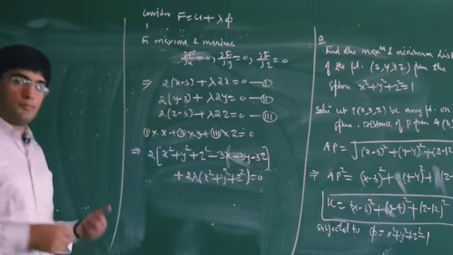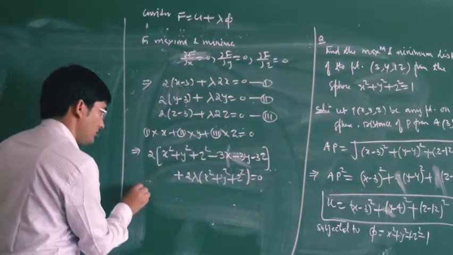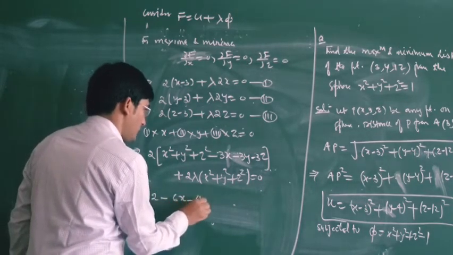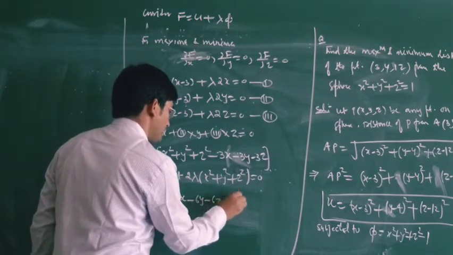Now the value of x square plus y square plus z square is 1, so we have 2 minus 6x minus 6y minus 6z plus 2 lambda equal to 0.